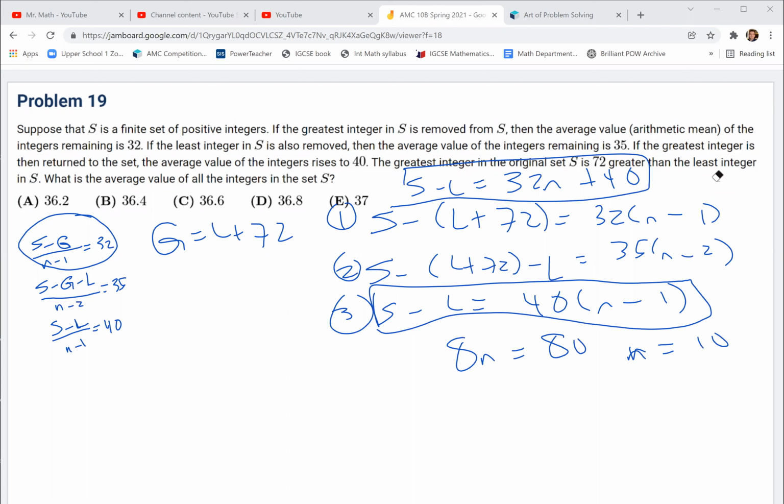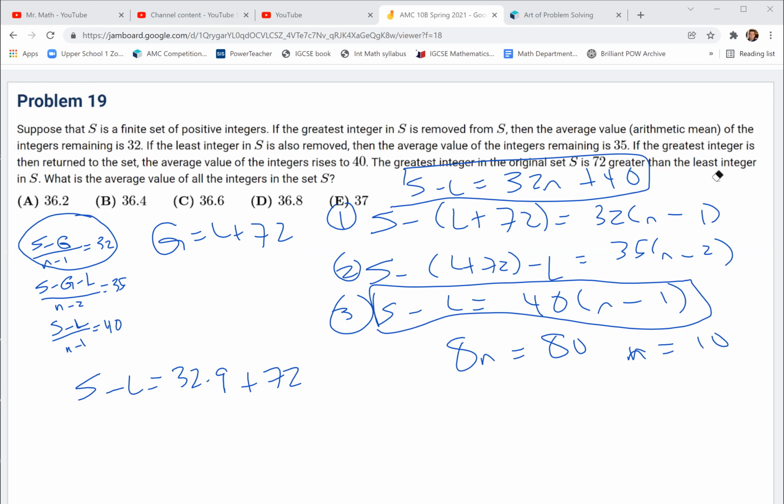So now what I can do is plug in N equals 10 to each of the equations. For equation 1, I have S minus L equals 32 times 9 plus 72.